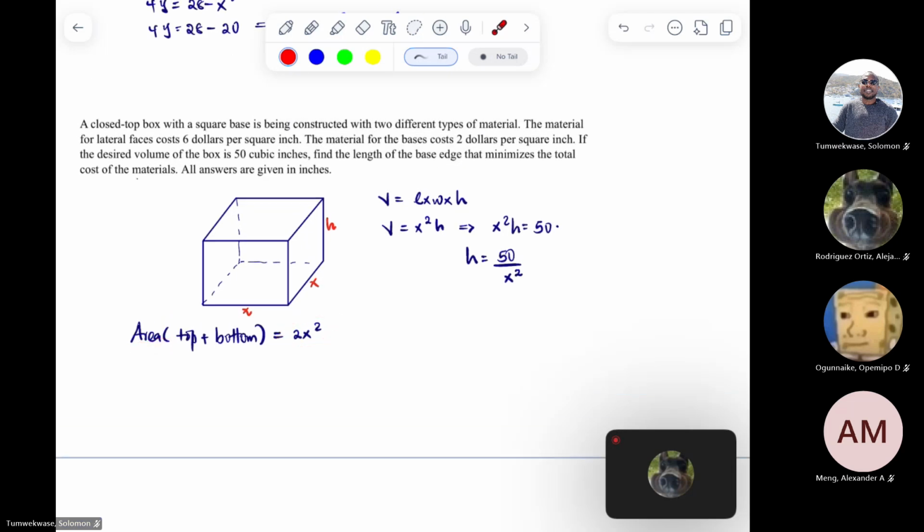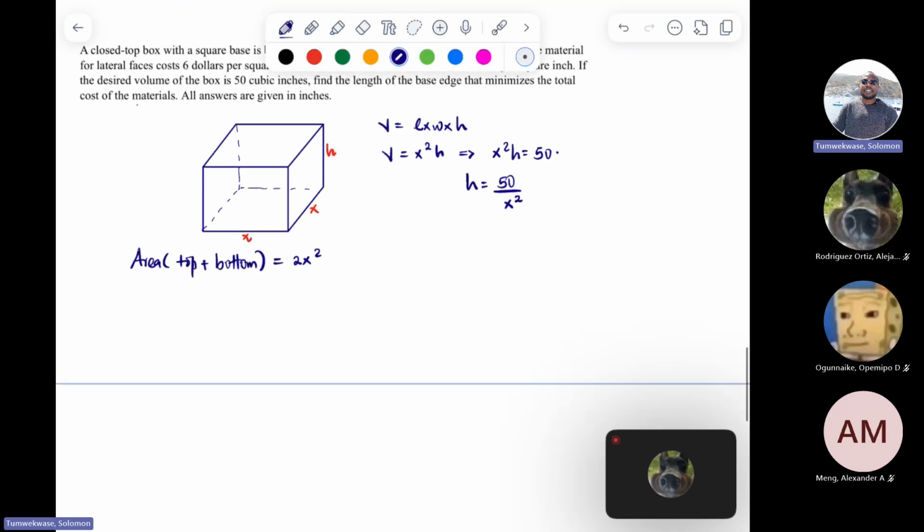Now, the material for the top and the bottom is the material for the bases. It costs $2 per square inch. So if each square inch costs $2, how much would we pay for a total of 2x squared?